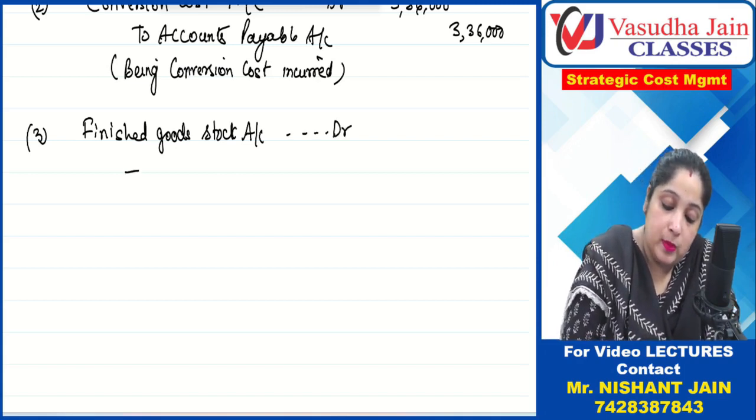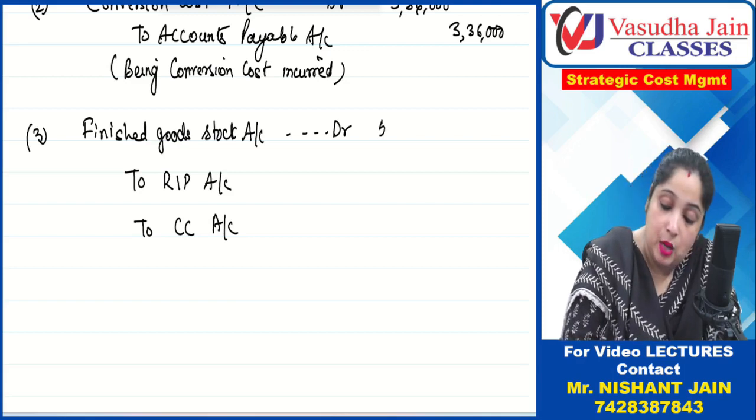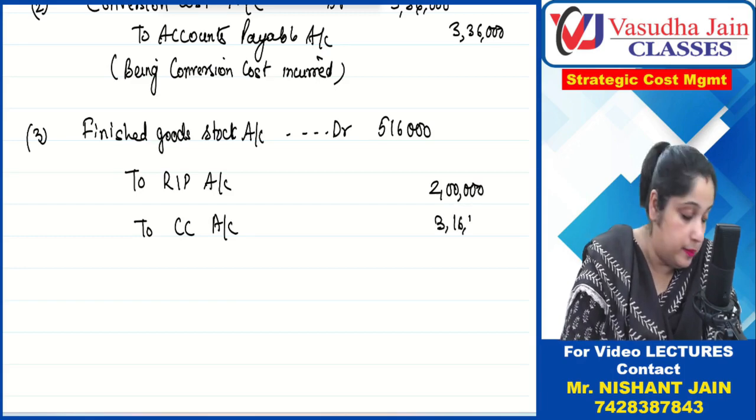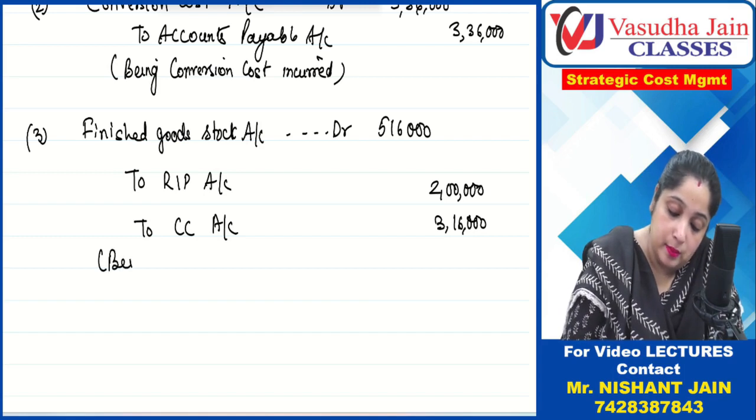Debited to raw material in progress account and conversion cost account. How much is it? 5,16,000, out of which raw material is 2 lakh and the other is 3,16,000. Being completion of goods.